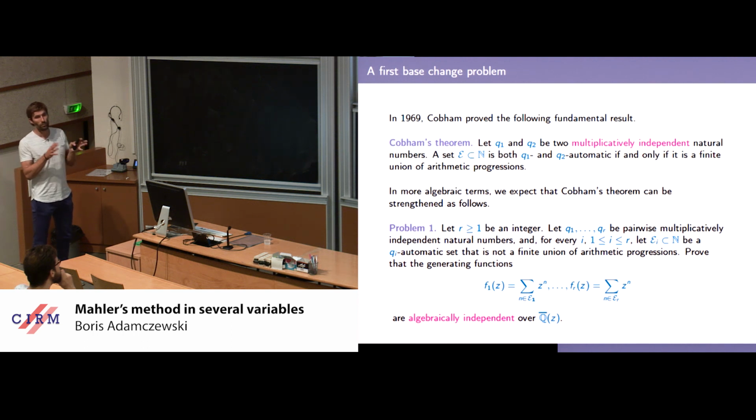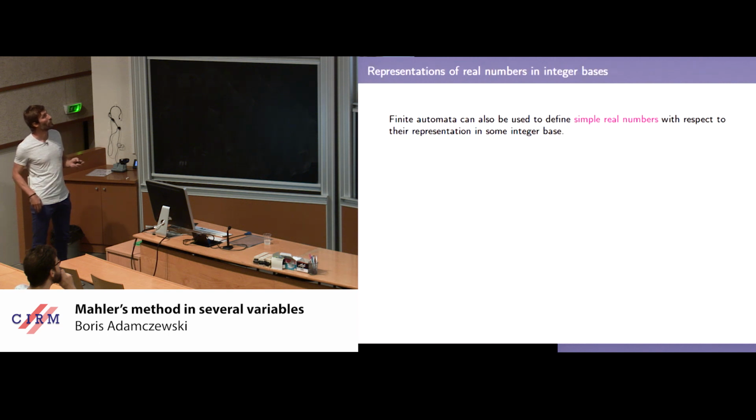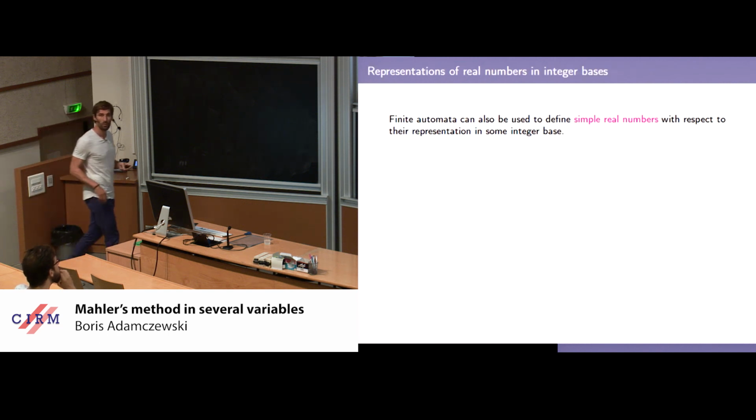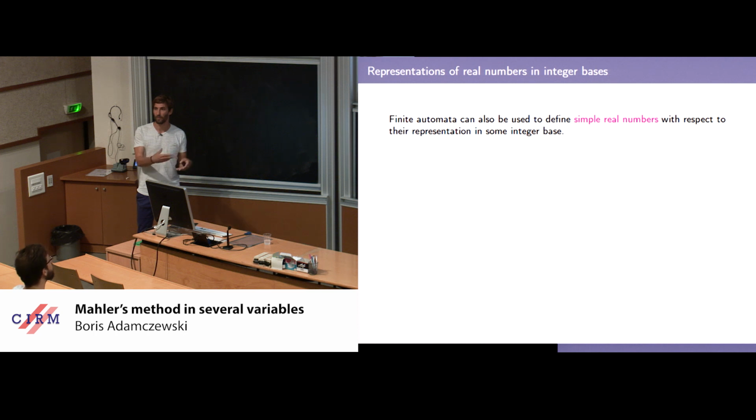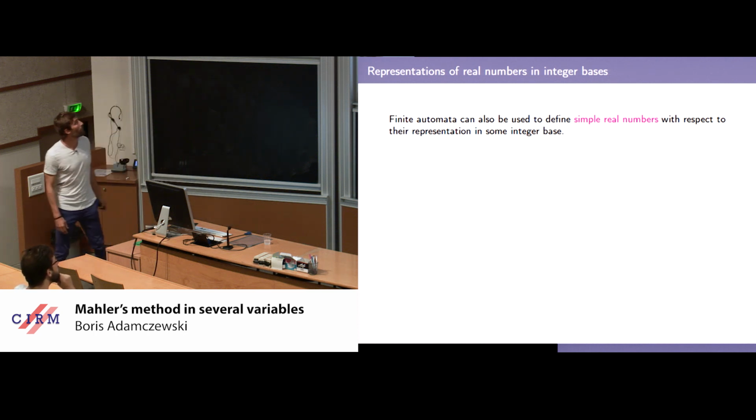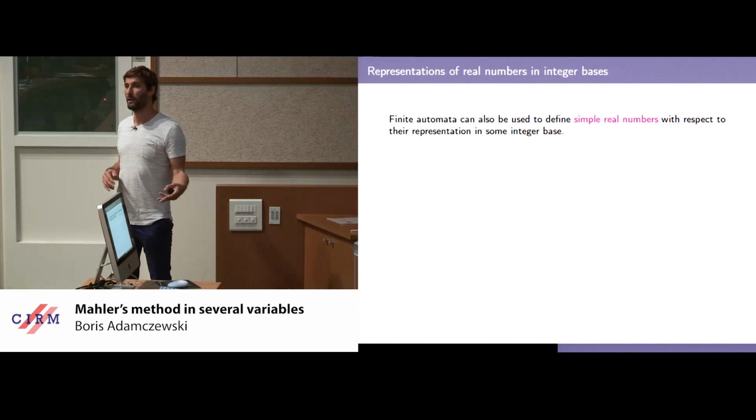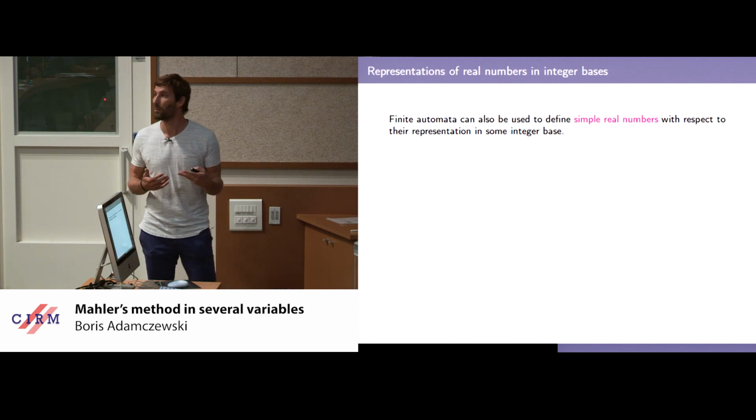The second problem I'm interested in is in a similar spirit, but we move from sets of natural numbers and replace them by real numbers. Again, finite automata can be used to define what simple real numbers are.